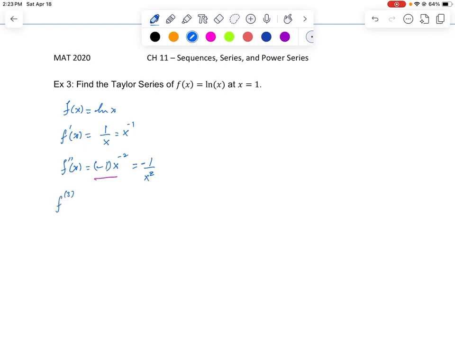The derivative of negative 1, negative 2, x to the negative 3. Maybe you can recognize the pattern already. So now this will be negative 1, negative 2, negative 3, x to the negative 4.